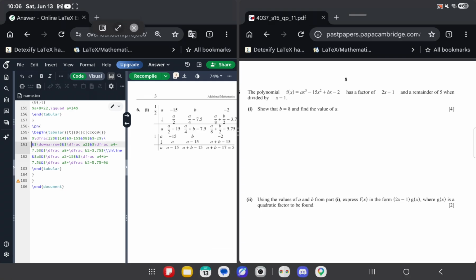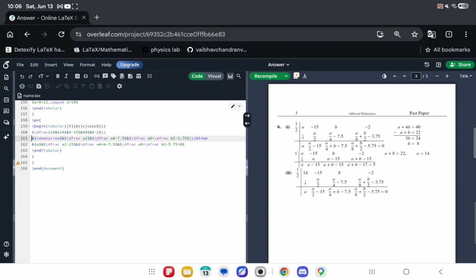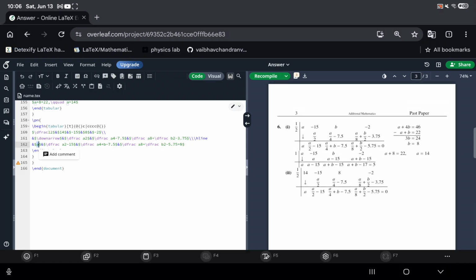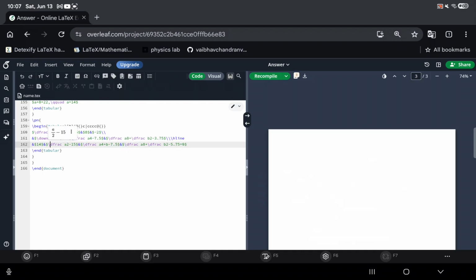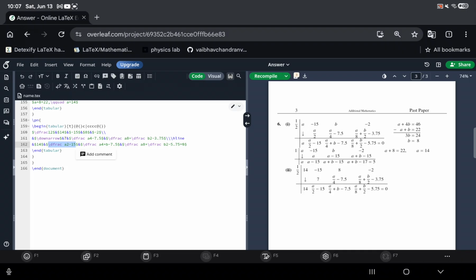Let's expand this so that you can see what we are talking about. So this first term is 8. Its next term will be 14 over 2. What is 14 over 2? Oh my god. 7. Next we get 7 minus 15. What is it? 7 minus 15 is equal to negative 8.